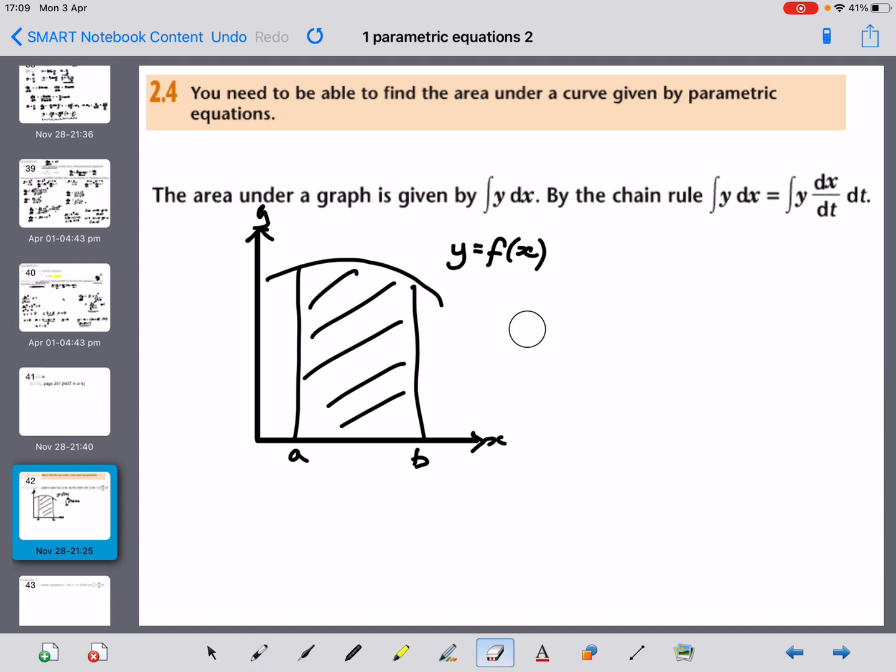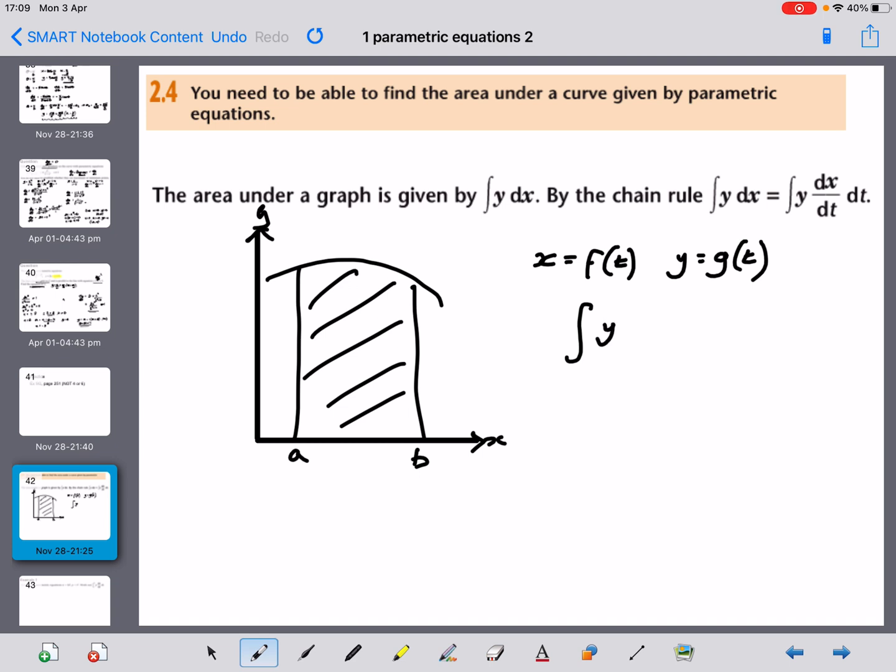If we wanted to work out that area given parametrically, then we would have to have two parametric equations. x might be some function of t, and y might be a different function of t. Then to work out the area, we would integrate the y parametric multiplied by the derivative of the x parametric with respect to t.